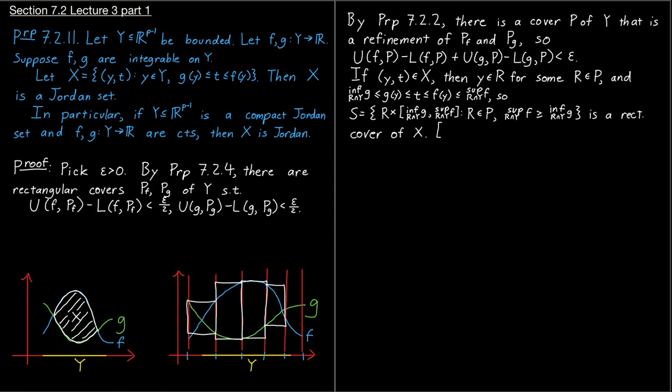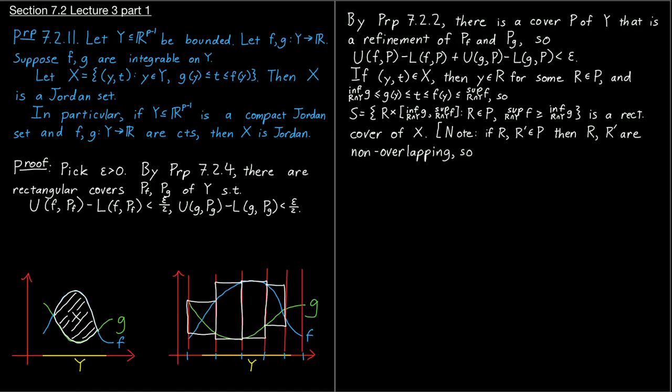I just have to explain why these rectangles are non-overlapping. If we take R and R prime in P, then R and R prime are non-overlapping. That means their interiors are disjoint.